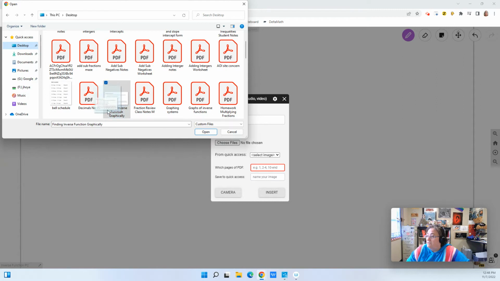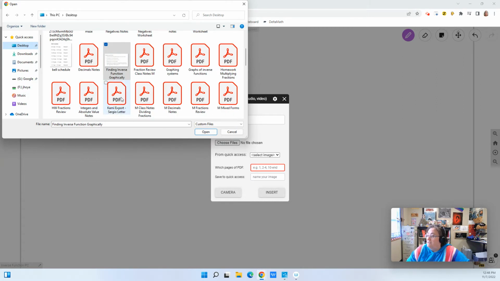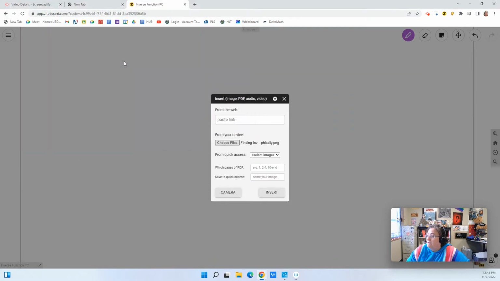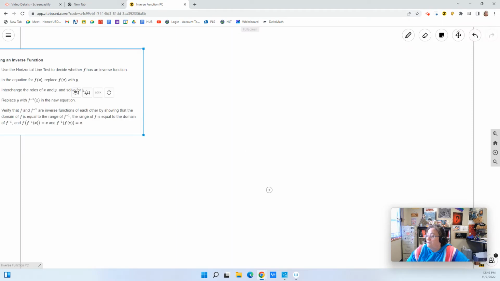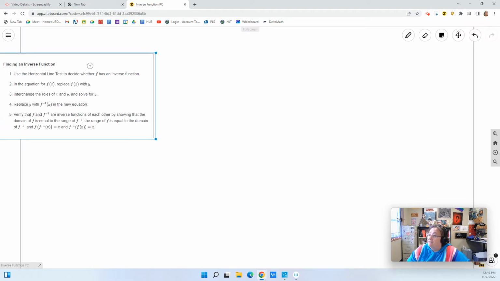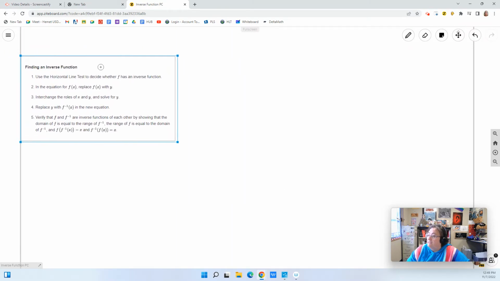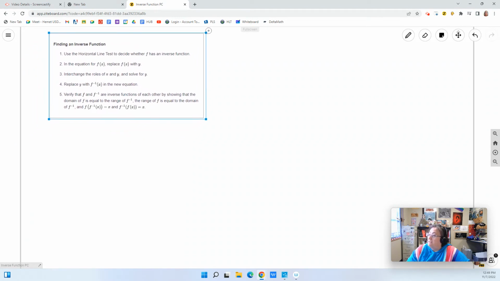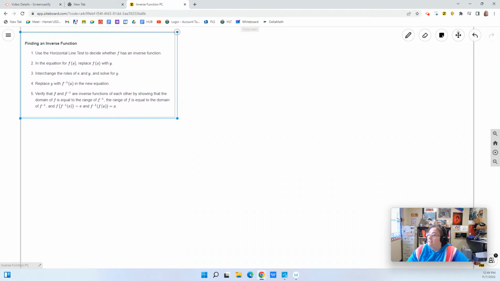Finding inverse functions graphically. It's a little clip like this, but it's not. Is it graphically? Let me see. Let's see if maybe I just wrote it wrong. Yeah. No. Here we go. I just wrote it as graphically instead of algebraically.